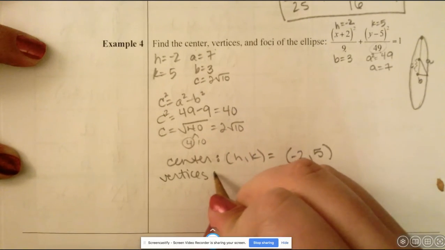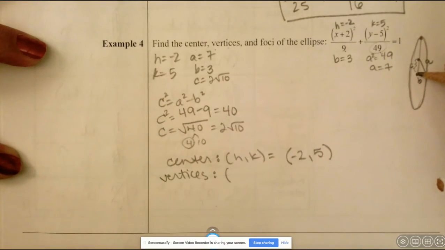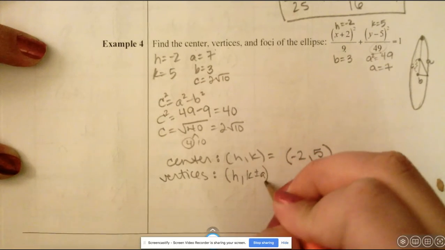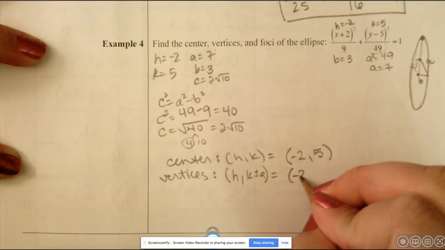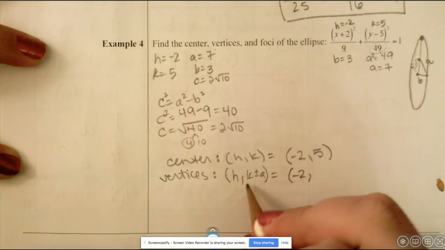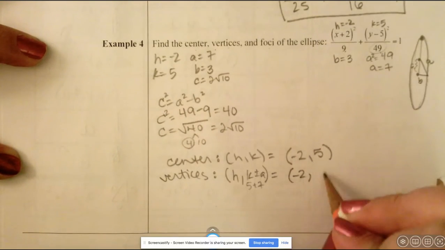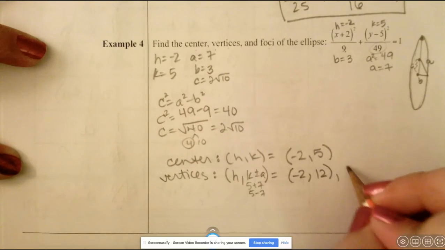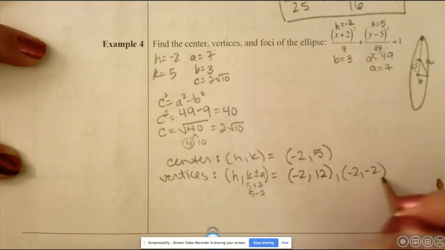The vertices are all the way distance A, so that's changing my Y value, H, K plus or minus A, which is -2, 5 plus or minus 7. So that's 5 plus 7 is 12. 5 minus 7 is -2.